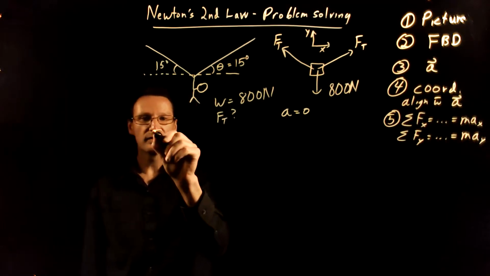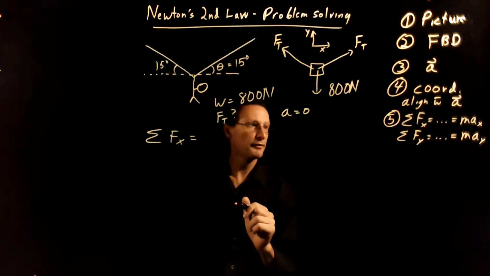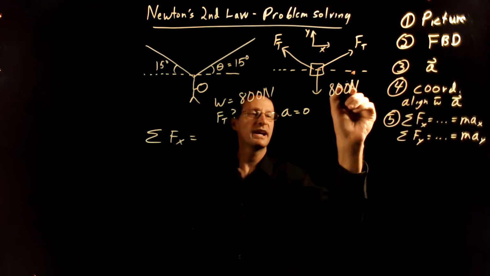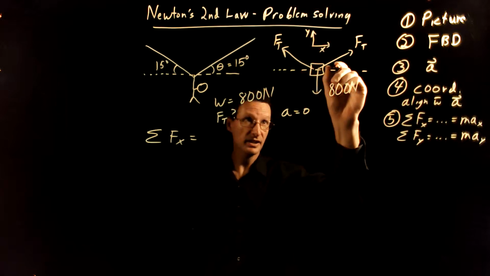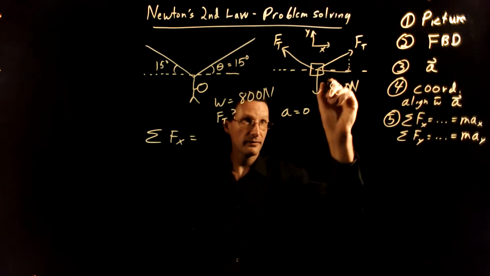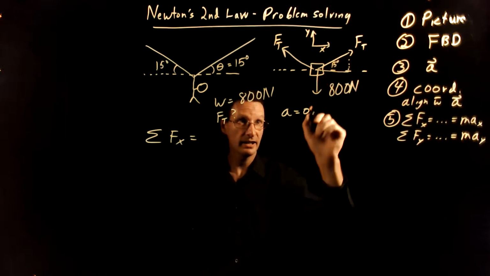So let's first sum the forces in the x direction. For that one, the 800 Newton force is totally vertical. That's only in the y direction. So we have the horizontal component of the tension force here, and this is a 15-degree angle.